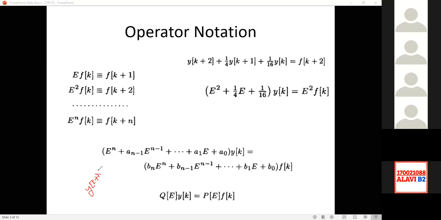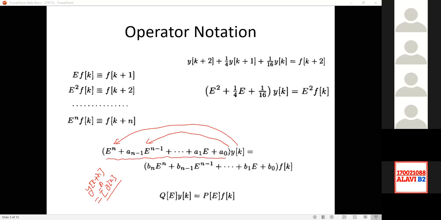If it is yk plus n, then that yk plus n is equal to E exponent n yk, isn't it? So this is that term. Similarly, your next term will be equal to y of k plus n minus 1, so it will be equal to this. In this way, a polynomial of operators on the output side can be written in this form.